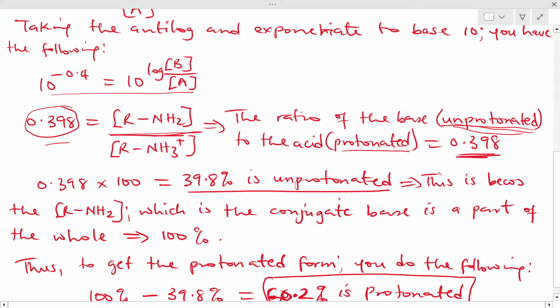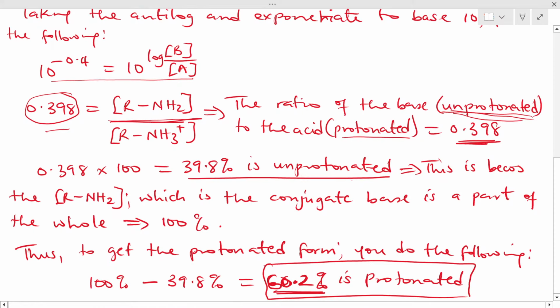So if the unprotonated is 39.8%, which is the conjugate base and is a part of the whole, to get the protonated is simply to subtract this 39.8% from the whole, which is 100%, and that gives you what? 60.2%, and that is the protonated form which the question requested for, and this is actually the answer.